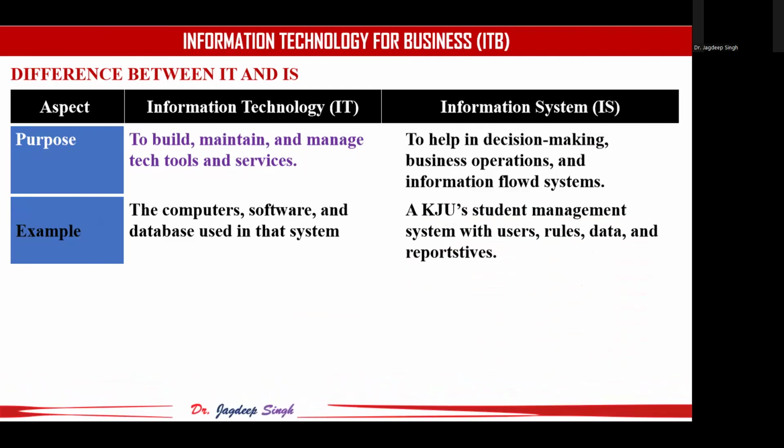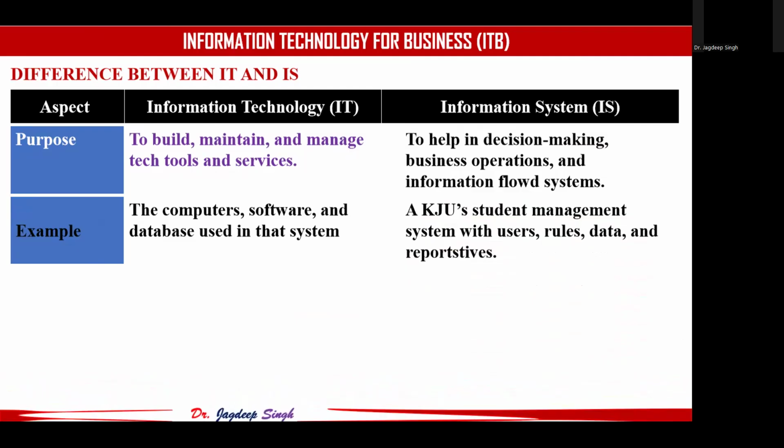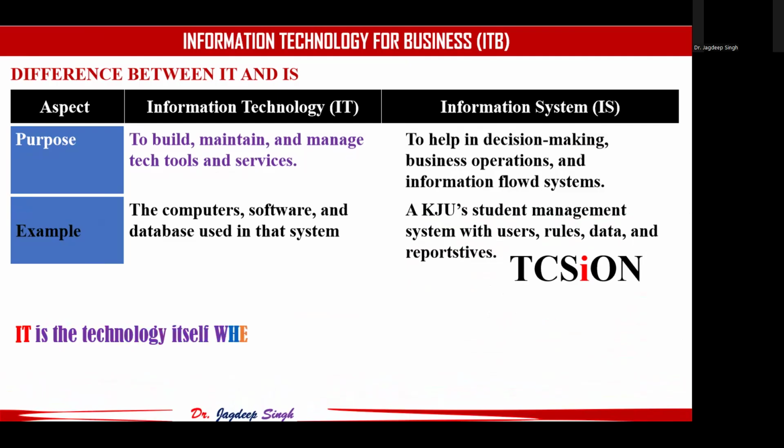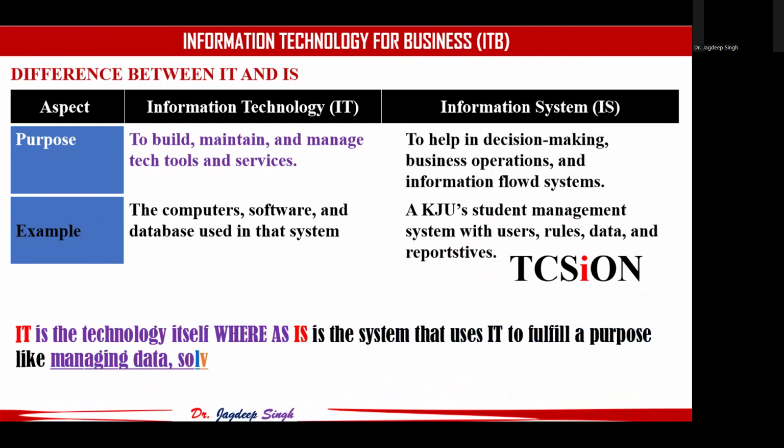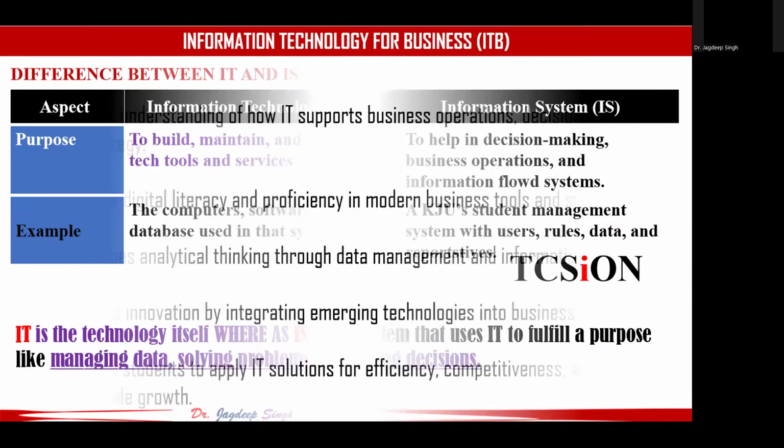Whereas IS, you can see in our Kristu Jayanti University, we have a student management system with users, rules, data, and reports. Now, the system is called TCS iON. IT is the technology itself, whereas IS is the system that uses IT to fulfill a purpose, like managing data, solving problems, and making decisions.